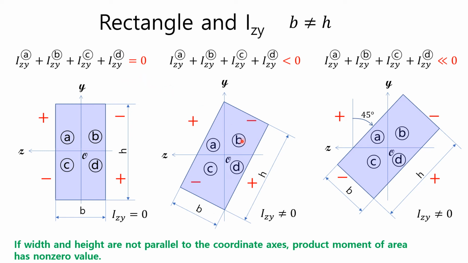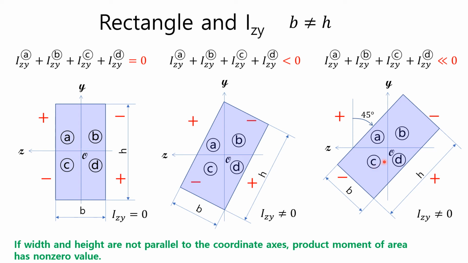In the other cases, the sum of the area of the first and third quadrants differs from that of the second and fourth quadrants. Consequently, the product moment of area doesn't equal 0.